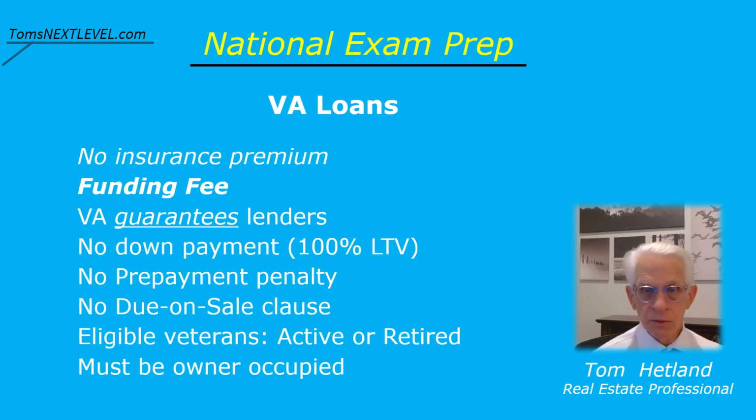The VA guarantees the lender from losing money. No down payment, 100% loan to value, we mentioned that. Also, no prepayment penalty on a VA loan. Cannot include a due on sale clause. Eligible veterans can be either active or retired military. And the home must be owner occupied. All of those are true of VA loans.